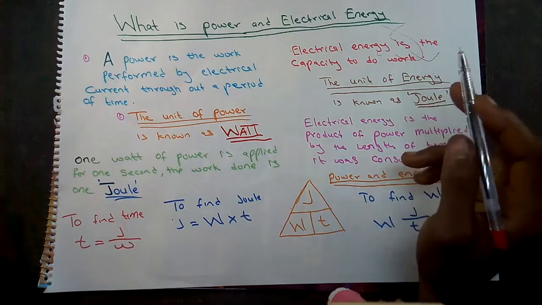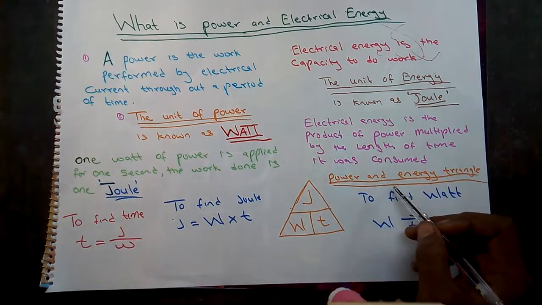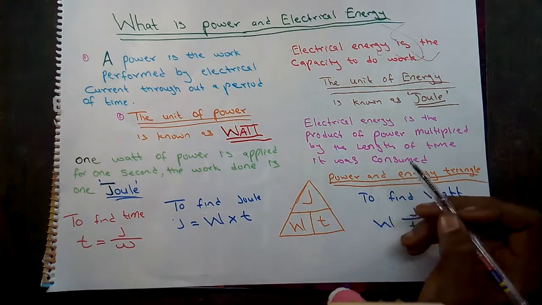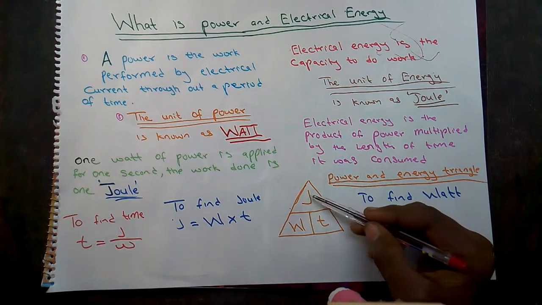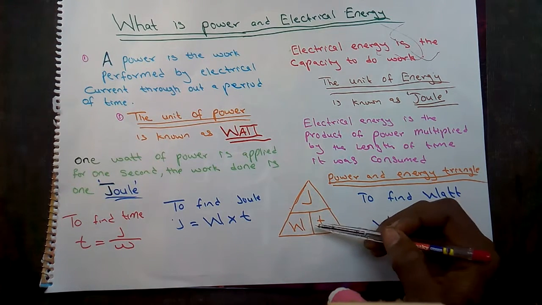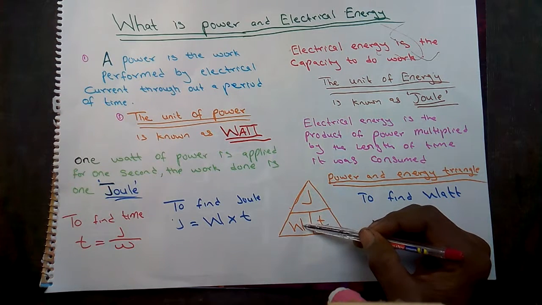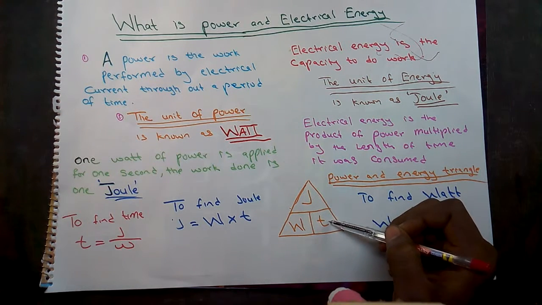Okay, so here let's see the power and energy triangle, how we can do some maths with them. Here is a triangle for solving joule, watts and time. This one is joule, this is watts, and this one is time.